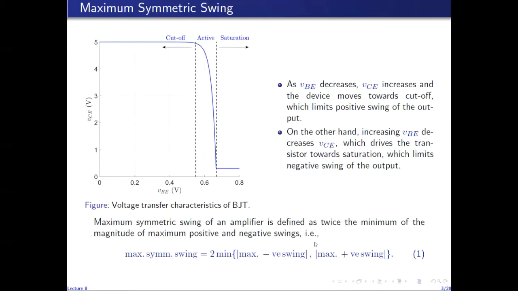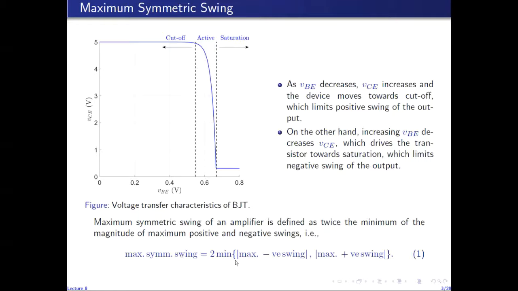So we compute the maximum positive swing, we compute the maximum negative swing, we identify the minimum of the two in magnitude, and then we multiply that by 2 to get the maximum symmetric swing of the amplifier.